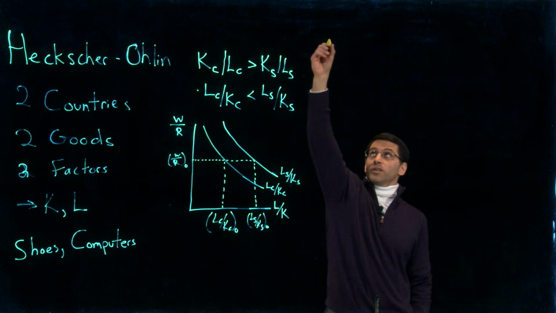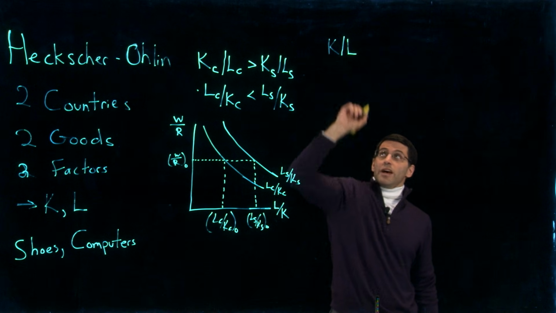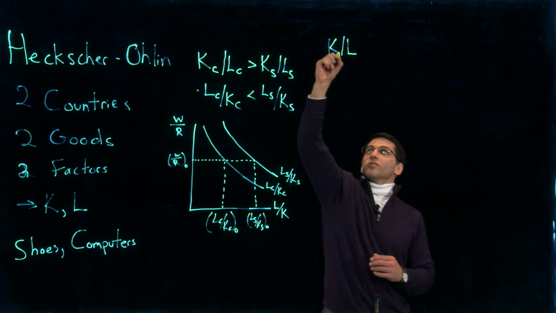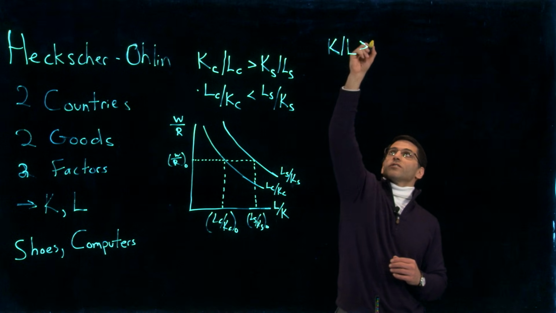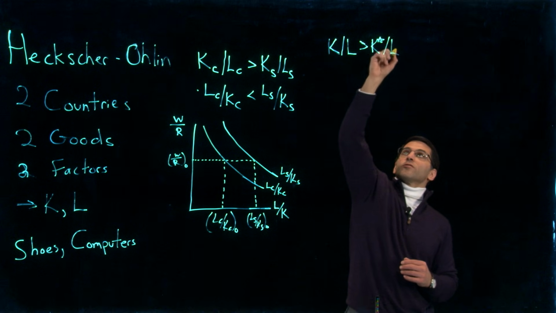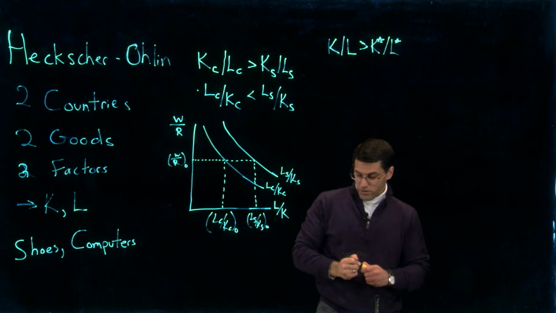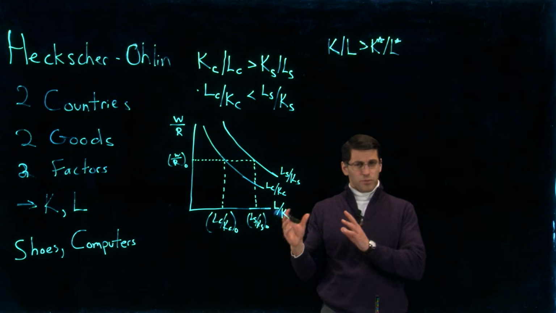So for the home country, if we're saying that the home country is capital abundant, it has a higher relative supply of capital compared to the foreign country. Okay? So that's our second key assumption in terms of the setup specific to this model.